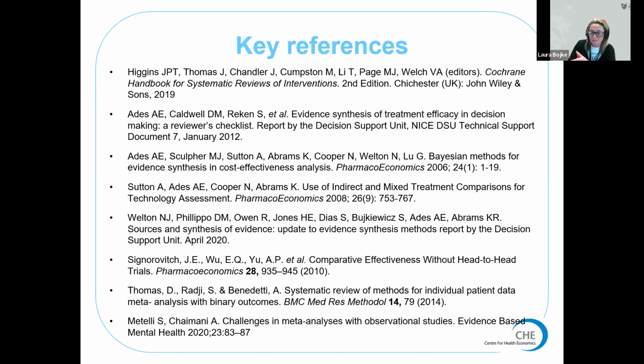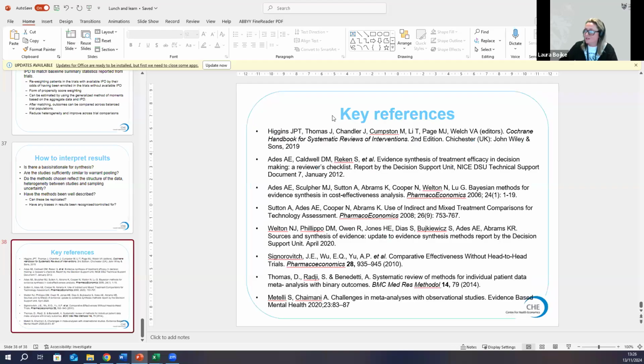As I said at the beginning, the decision support unit has quite a few documents to help support these types of analyses, and there are a number of specialist courses in this area as well. I would highlight in particular courses offered by colleagues at the University of Bristol who do very well in this domain. I'm horrendously out of time, so I'm going to finish there and stop sharing my slides, hopefully.